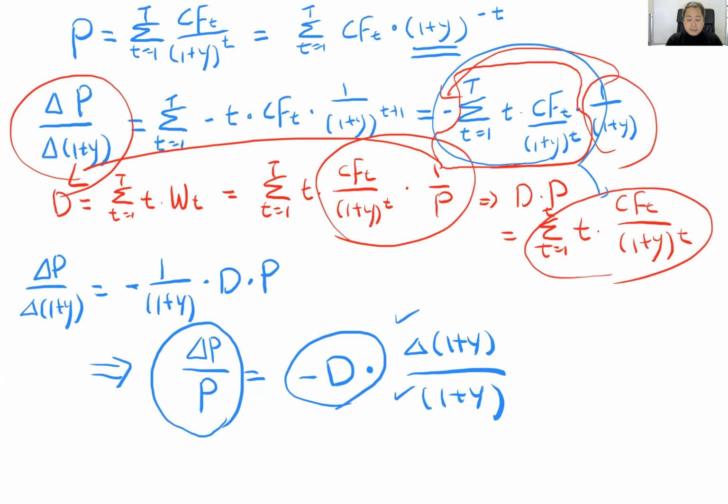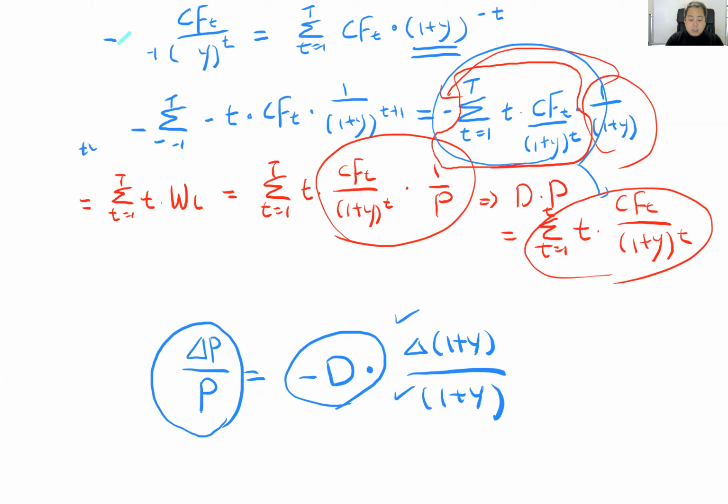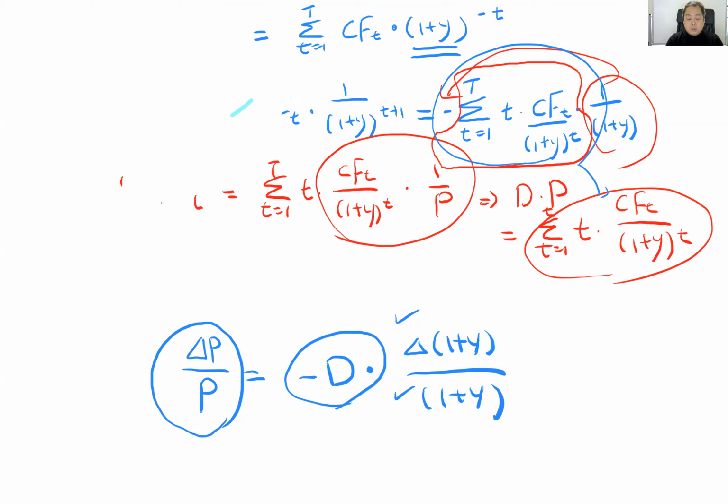From this, we can keep this one, and we have a slightly different measure to make our calculation easier, to directly show the interest rate risk using this duration.